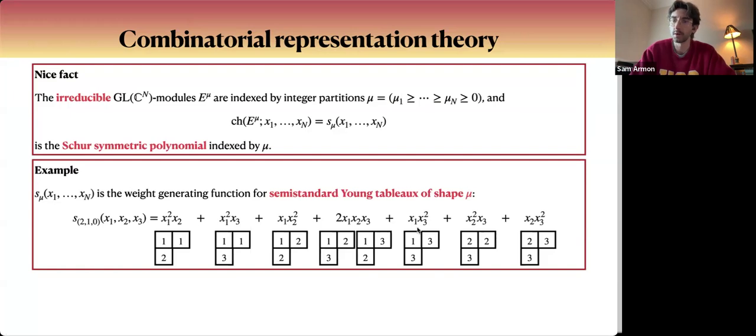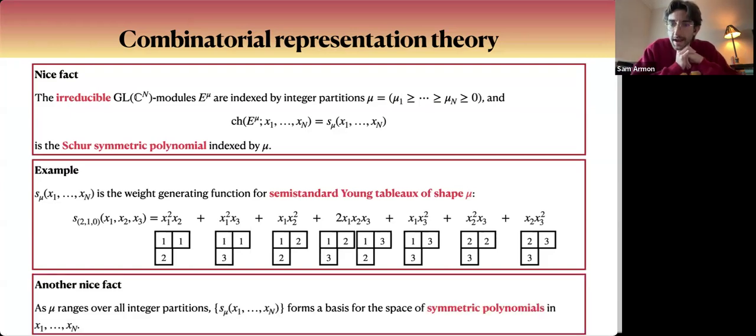That gives me the monomial x1 x3 squared. So I consider all the possible ways to do this, and sum up the corresponding monomials. This gives me what's called the Schur symmetric polynomial associated to that partition shape.